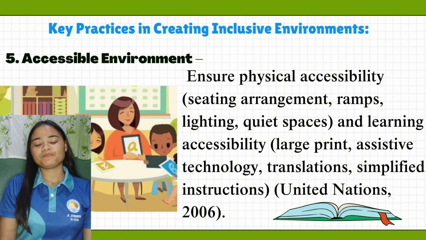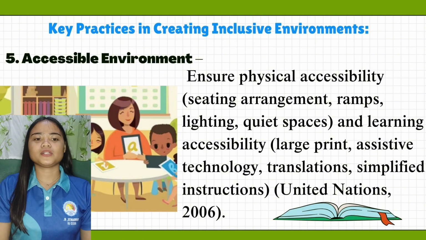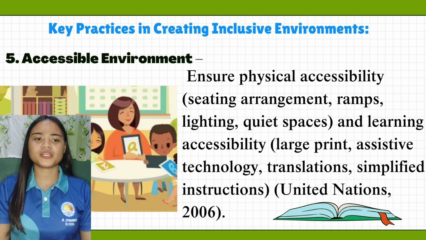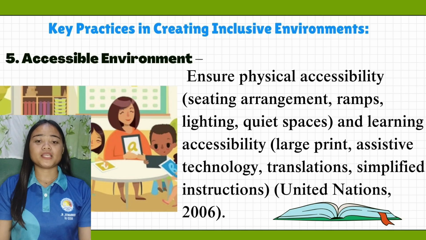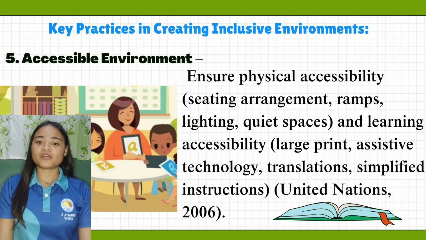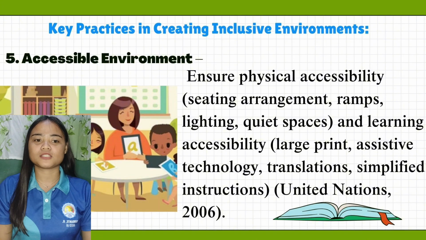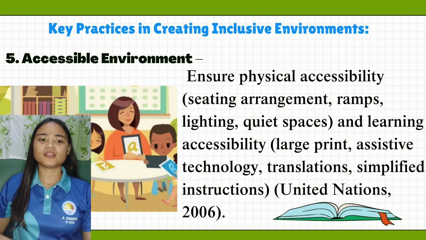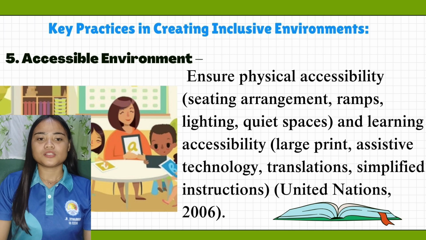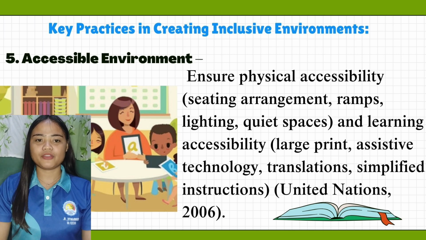For example, if a student uses a wheelchair, make sure there is a ramp and enough space to move. If a student has trouble reading small text, give large print handouts. So that is all about the accessible environments.